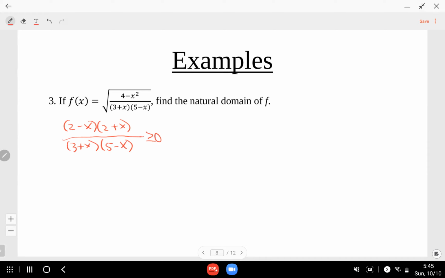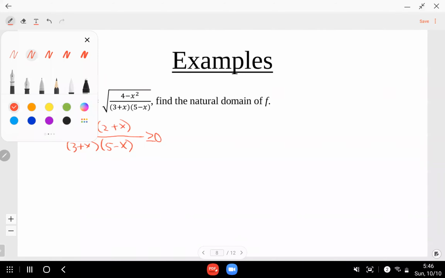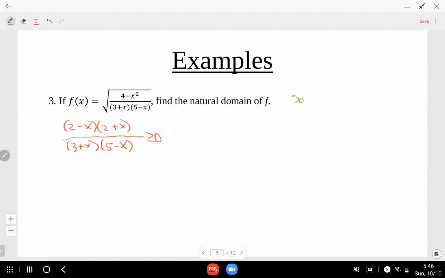And when is x a 0? We need to exclude the 0, right? So create your sign chart here. This is our solution. So basically create a sign chart.